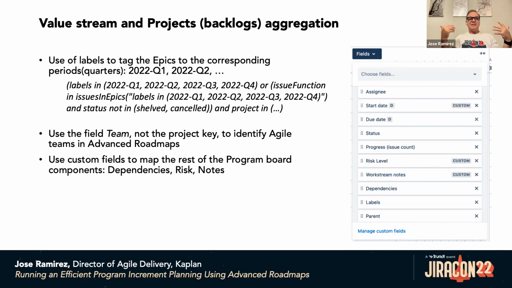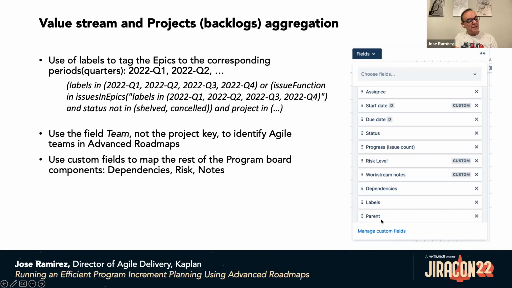So you need to come up with something that can provide more information and narrative and tell the story for all the people that eventually have access and see the program board. That's the reason for the notes. Another field that you can see here is progress, which in our case is based on issue count, and also the parent.